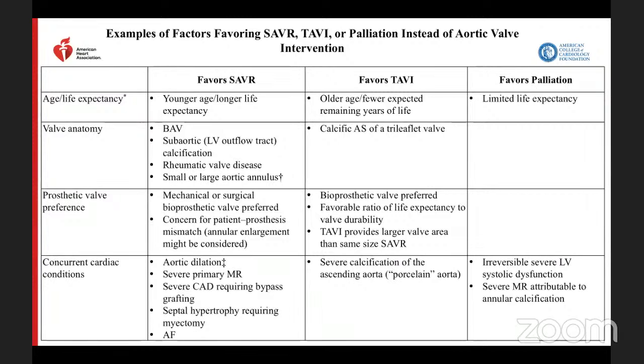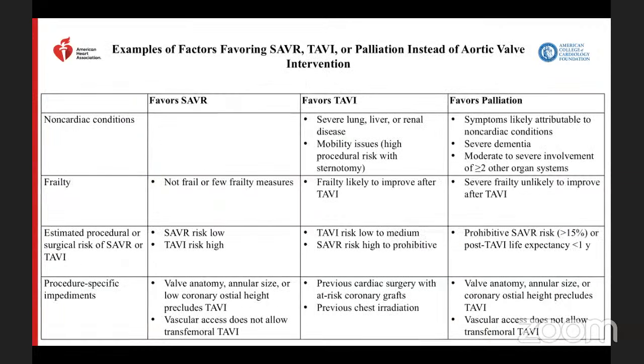Okay, so we'll go back again to the examples of factors favoring surgical AVR. A patient who has a non-cardiac condition will be favored for surgical AVR. A patient who has severe lung, liver, or renal disease, mobility issues, or high procedure risk with sternotomy will be favored for TAVI. A patient who has symptoms likely attributable to a non-cardiac condition, severe dementia, or moderate to severe involvement of more than 2 other organs will be in favor of palliative therapy.